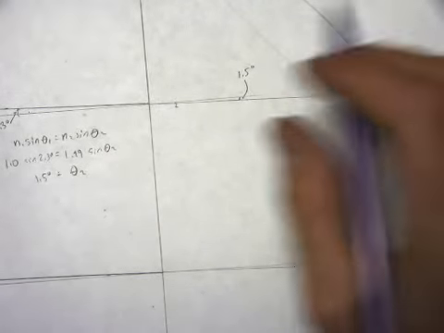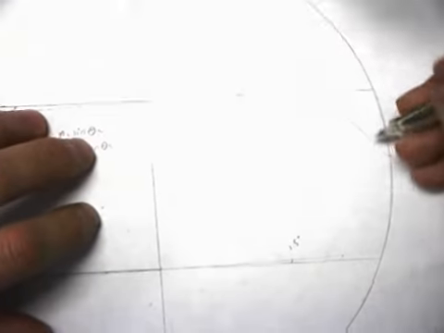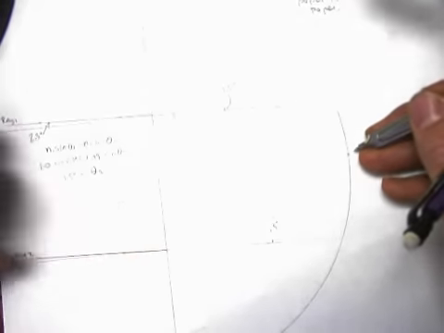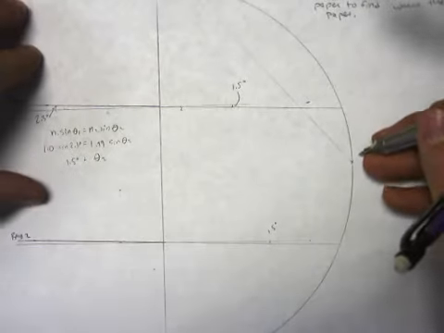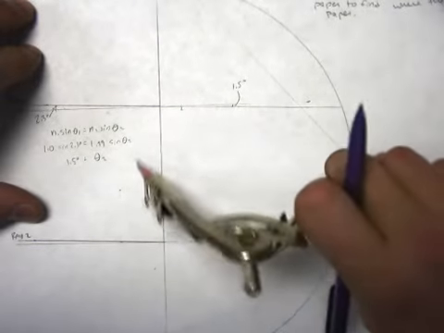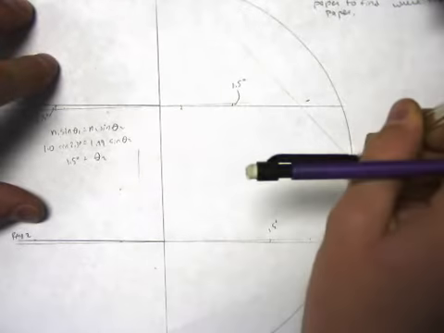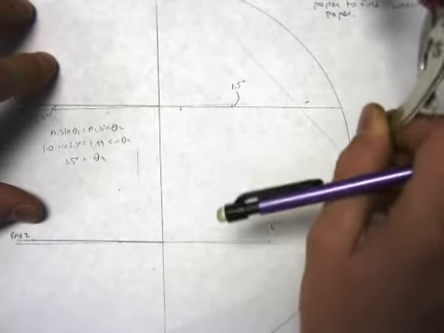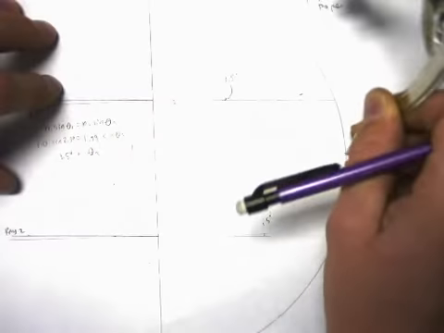Now, remember, to find the perpendicular bisector, we take a compass, open it up pretty wide, stick the point in here, make my arc. Oh boy, I may have to make it smaller.